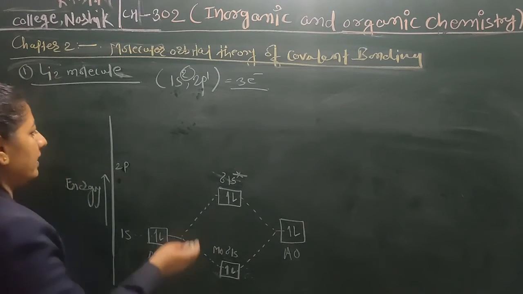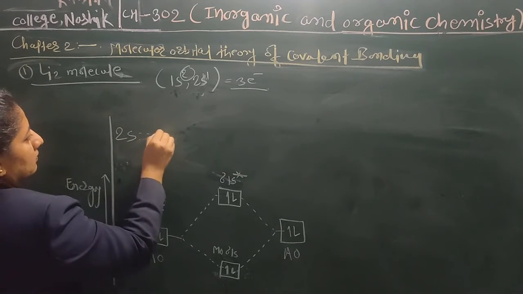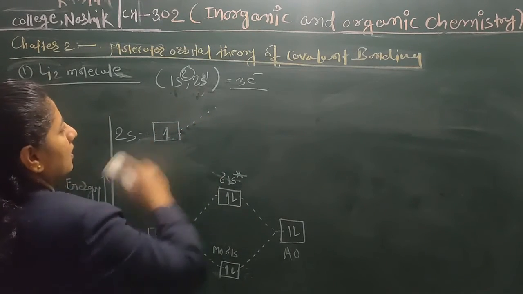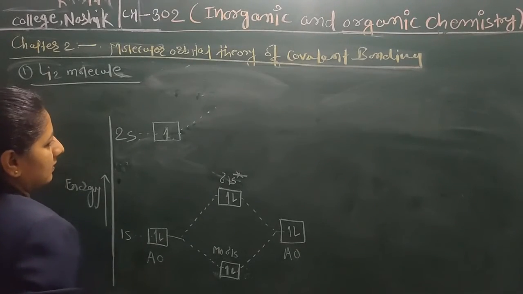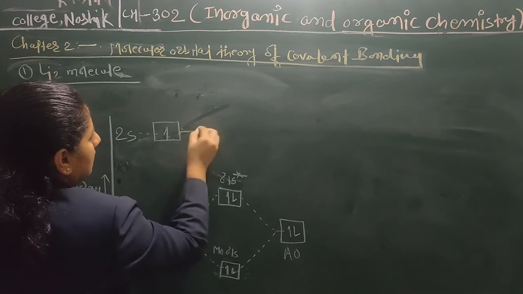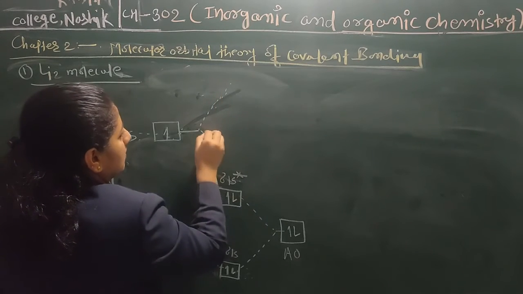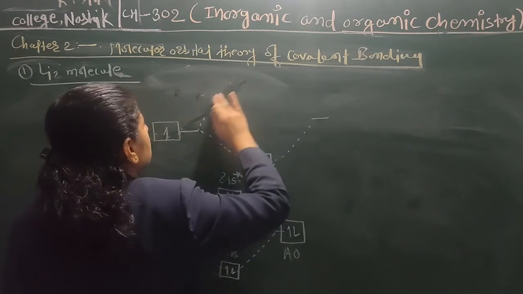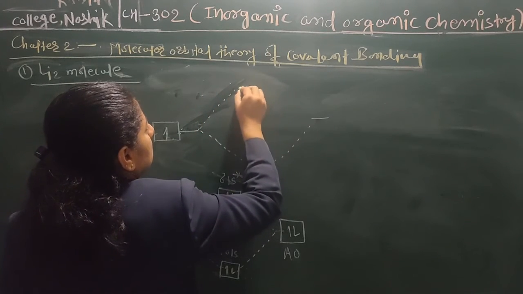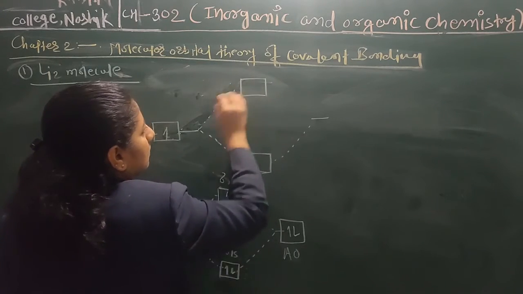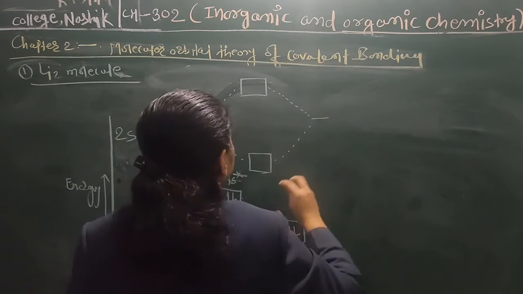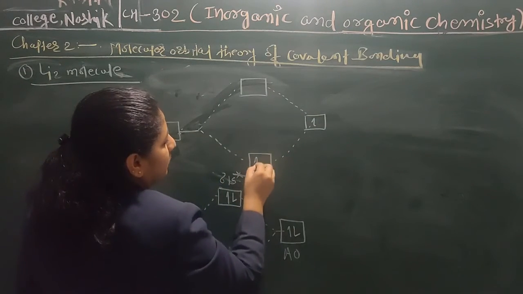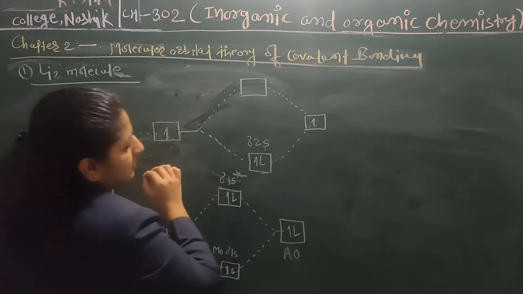Now what about the 2s orbital? In 2s there will be only 1 electron in each atom, so there are 2 electrons in the bonding sigma 2s orbital.